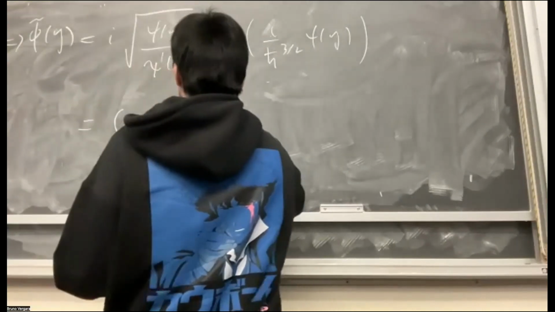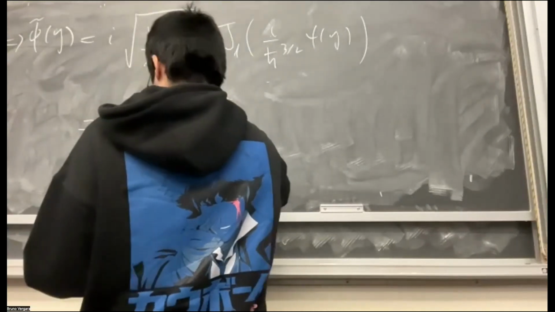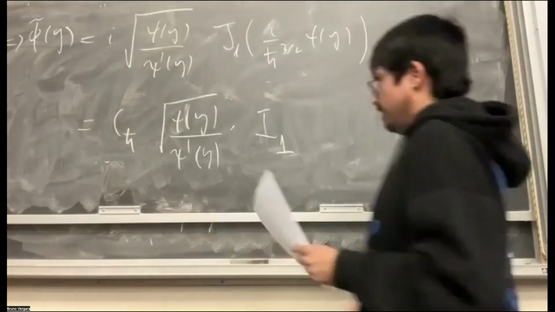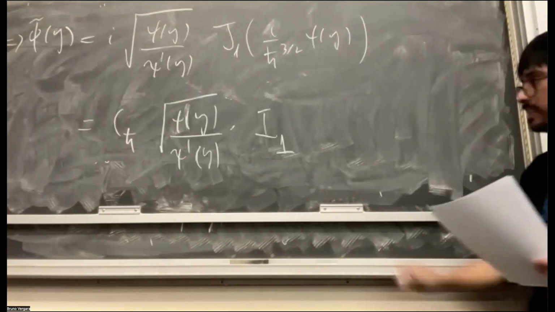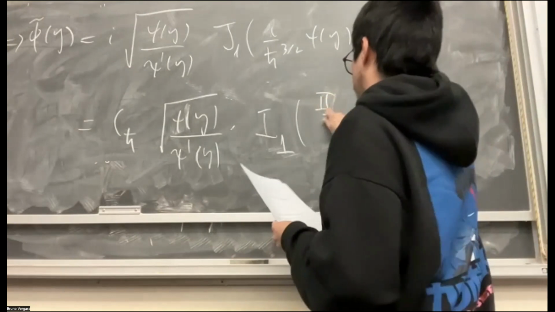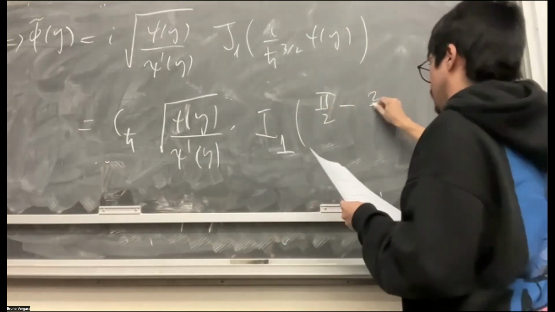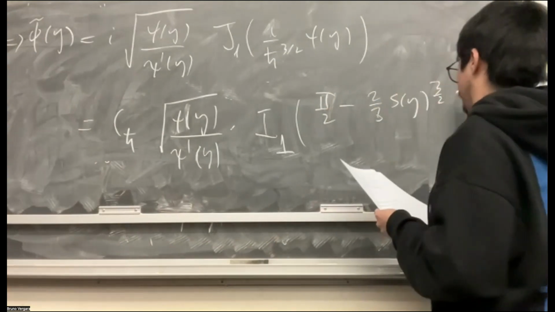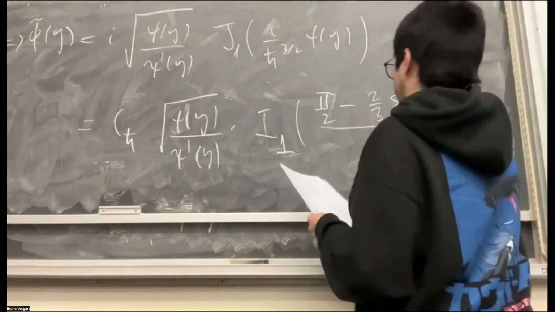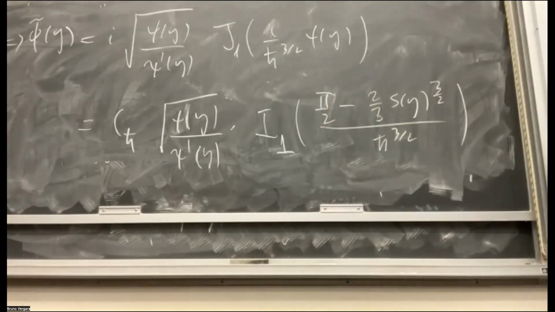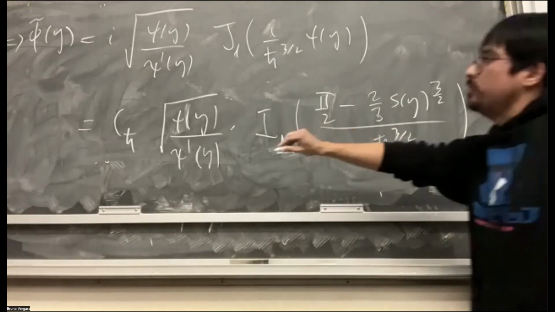It's just the square root of this psi over psi prime. And then we get the modified Bessel function. The argument is the Agmon distance, with orders 2/3, 3/2 sorry, and then 1. Right, so this is where I wanted to end up.